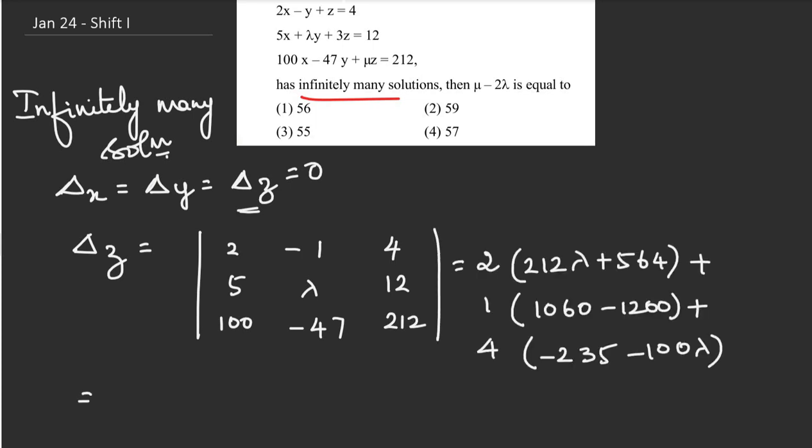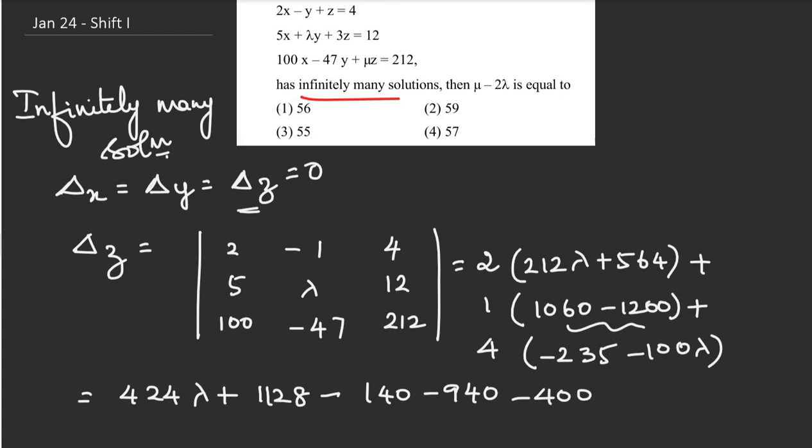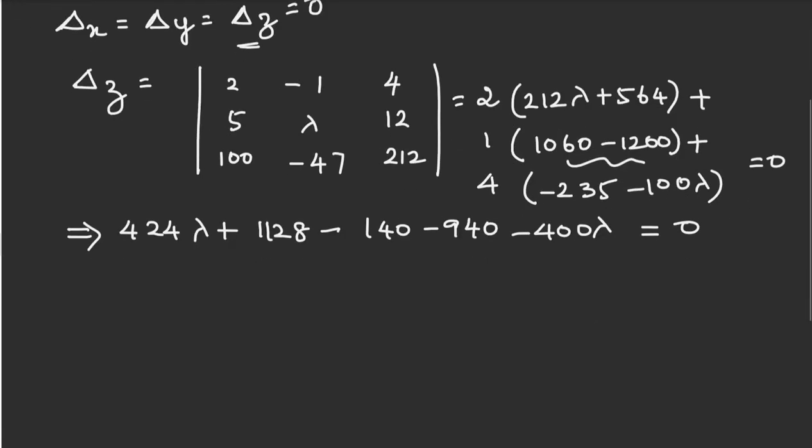Expanding, we get terms like 424 lambda, 2 into 564, that is plus 1128, minus 140 and minus 940 minus 400 lambda, equating to 0. Delta z is 0, so equating this to 0, we get the value of lambda. Lambda is equal to minus 2.